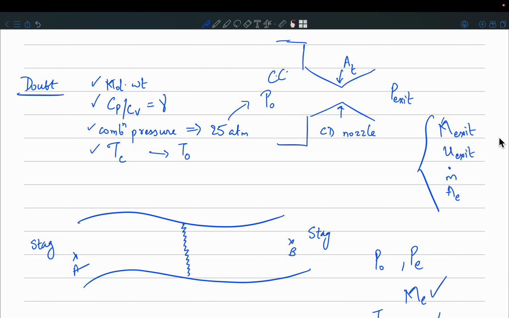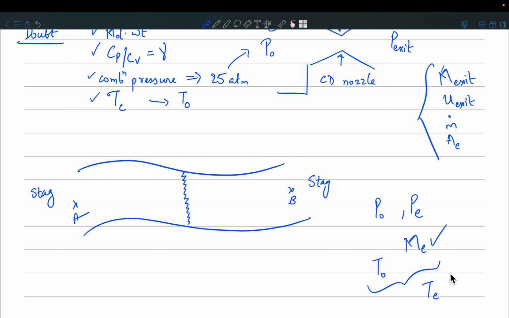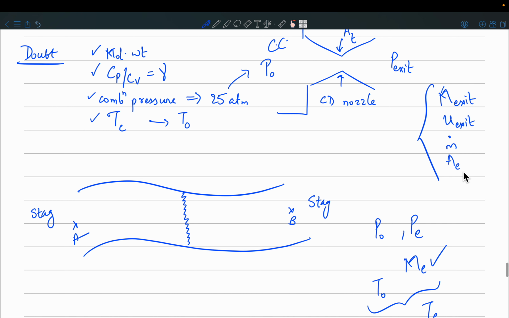So now you have T naught, then you have exit Mach number, you can find the exit temperature, and by the area Mach relation you can get the exit area, right? Velocity at exit can be found because you know T exit.